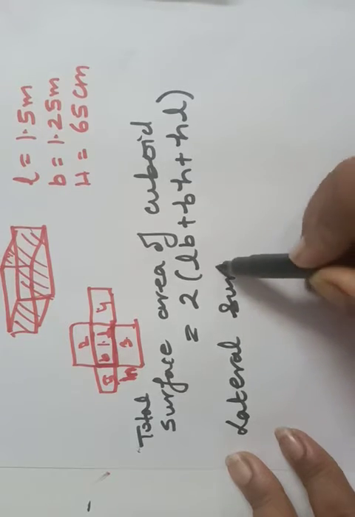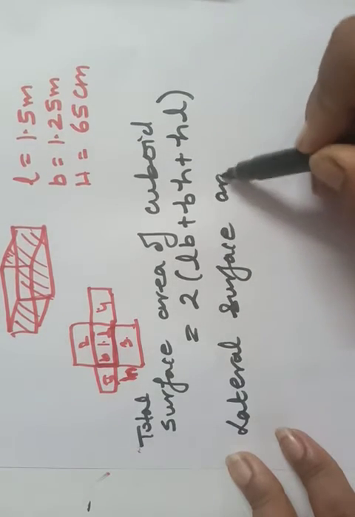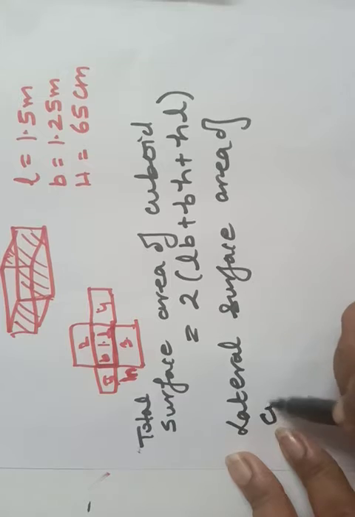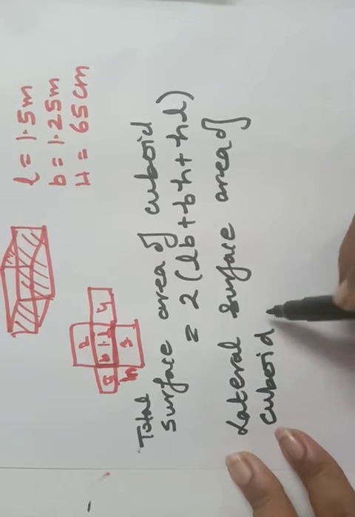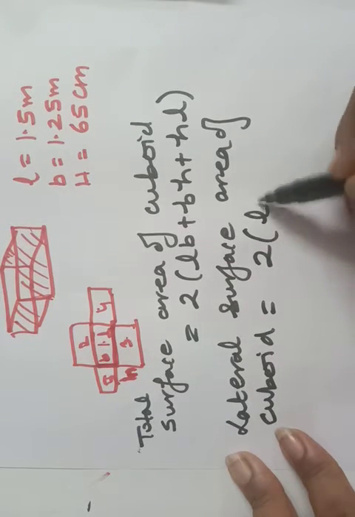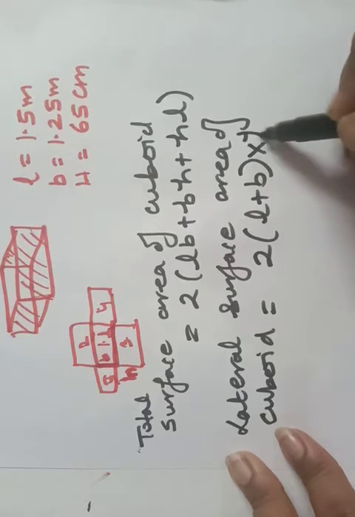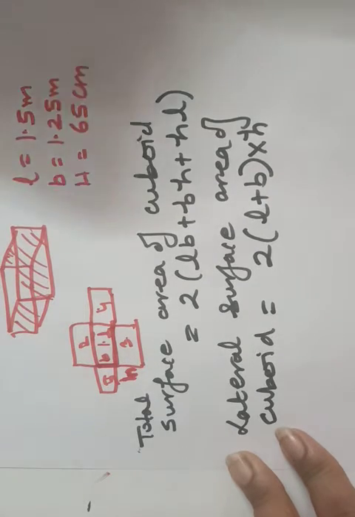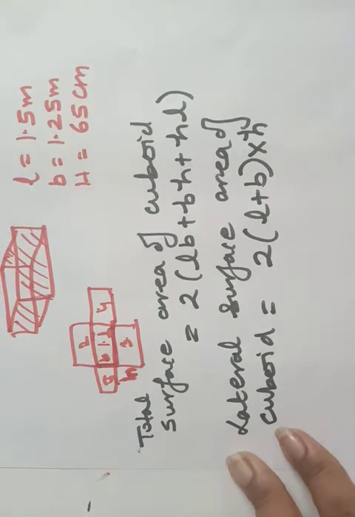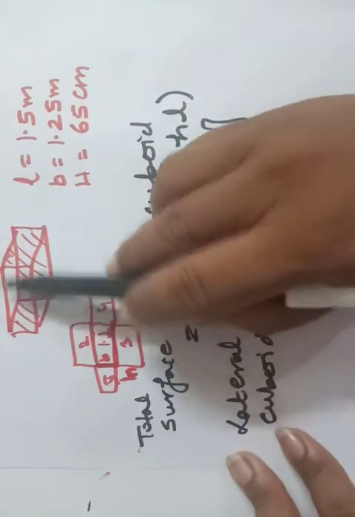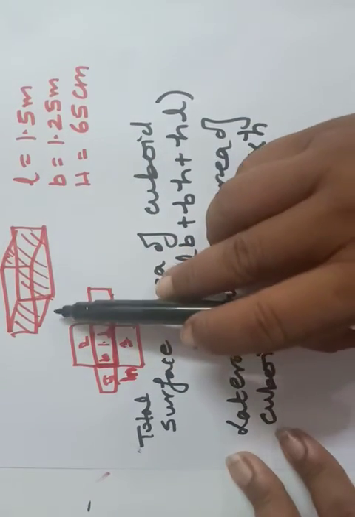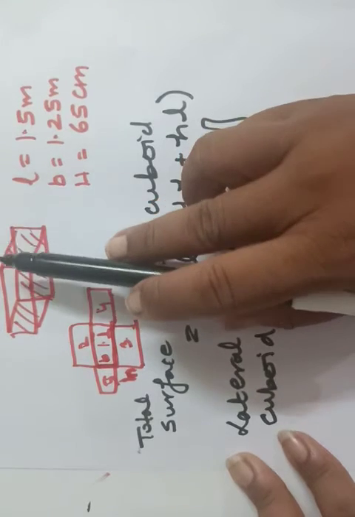Now let's write one more formula, that is the lateral surface area of cuboid, that is twice of (L plus B) into height. When we talk about the lateral surface area, it means only the four sides are covered, not the bottom one, not the top one.